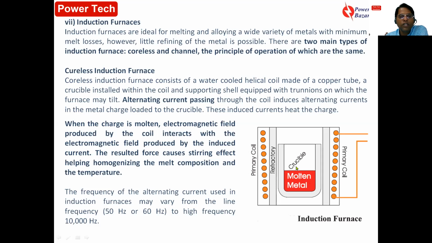Now, this molten charge has its own magnetic field due to the induction effect. That reacts with the magnetic field of the primary side coil, due to which a stirring effect happens, which homogenizes the melt composition and temperature.